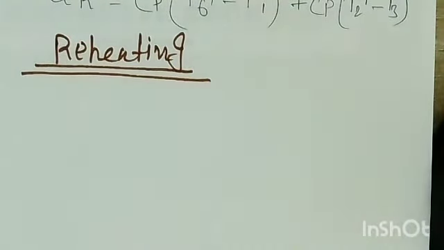Means for whatever purpose you are using the gas turbine, maybe to power the aircraft, for electrical generation, to run the marine ship, and so on, right. So whatever work is required, you'll take from the low pressure turbine in case of reheating, and whatever work is produced by the high pressure turbine, the whole work will go to the compressor as work input, right.